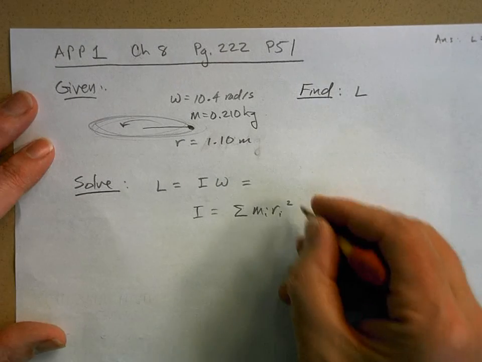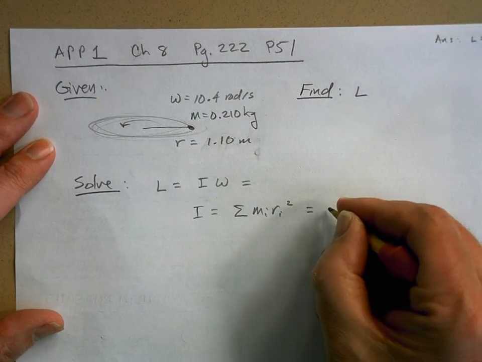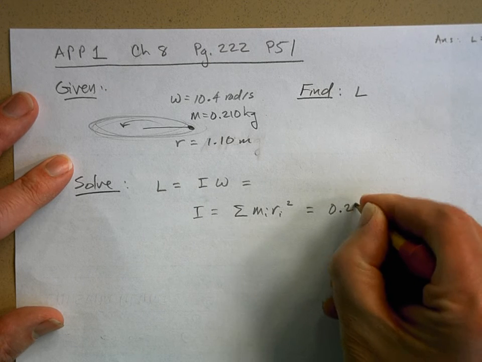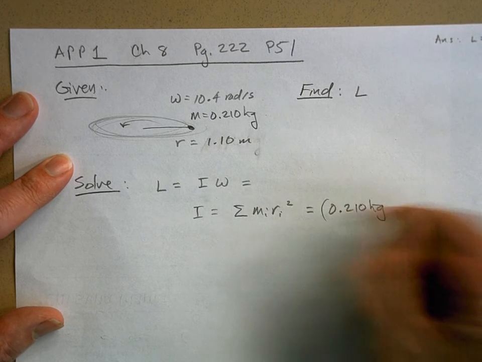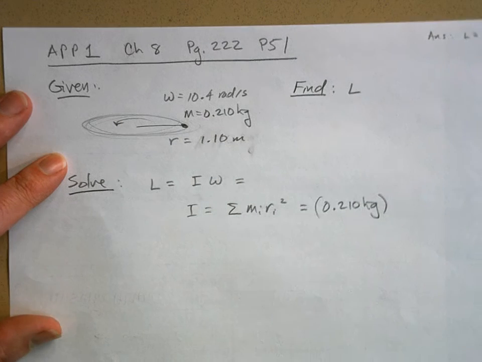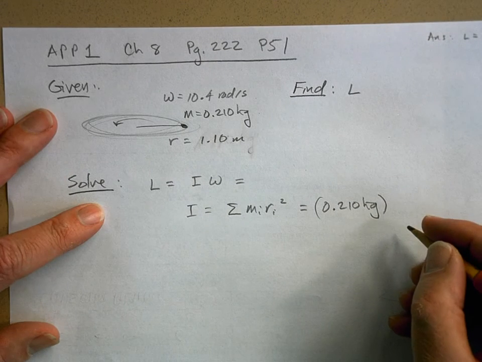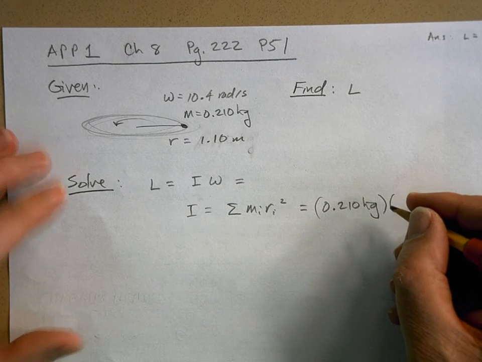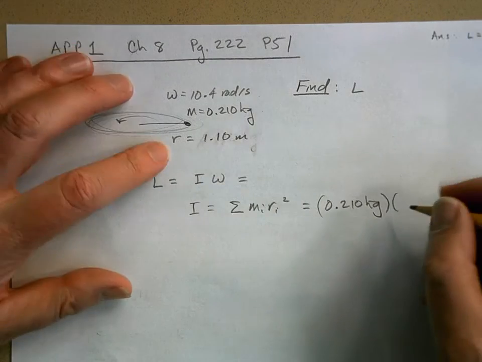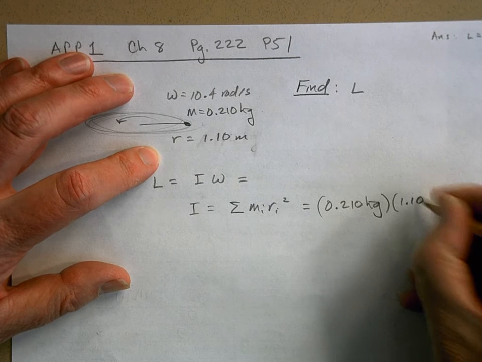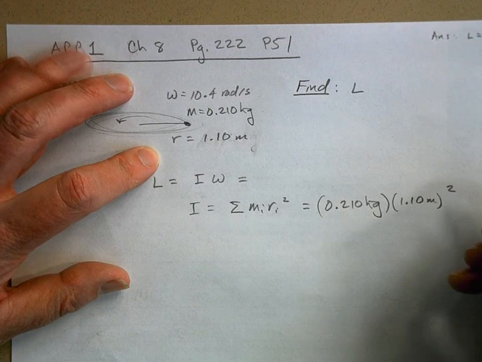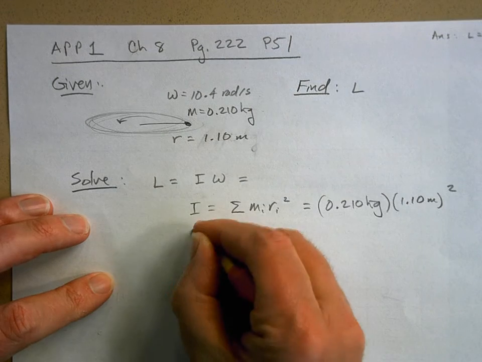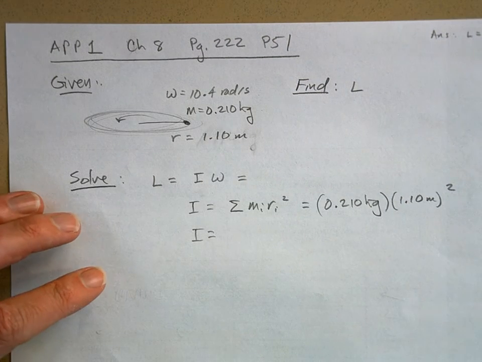I just have the one thing. So that's just going to be the mass. And I'm going to multiply that times the radius, I'm sorry, I'm getting ahead of myself. 1.10 meters squared.